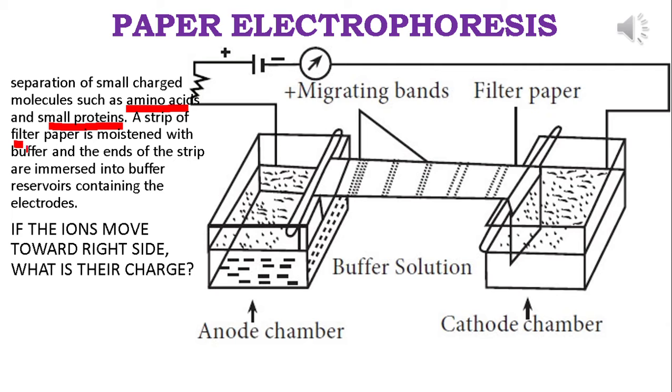You can see in the figure, the filter paper is already moistened with the buffer solution, and the buffer is added to the anode chamber and the cathode chamber, and the ends of the filter paper are touching the buffer solutions in the chambers. Can you guess by looking at the figure in which direction the ions are moving, towards the cathode or towards the anode? From that, you may be able to predict the charge of the moving particles also.